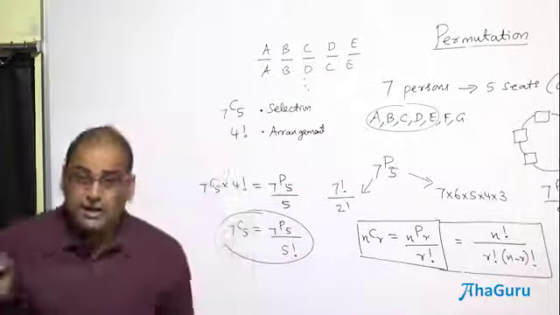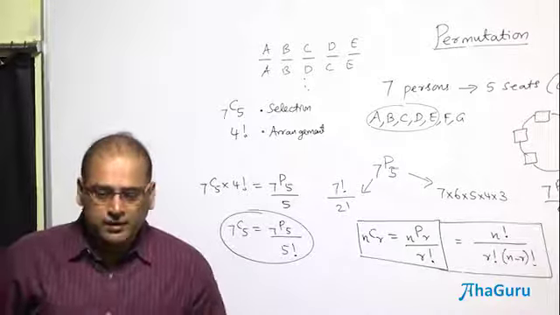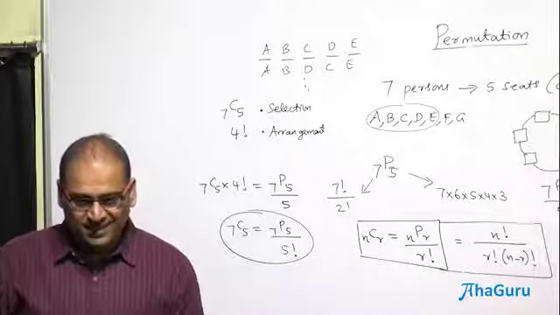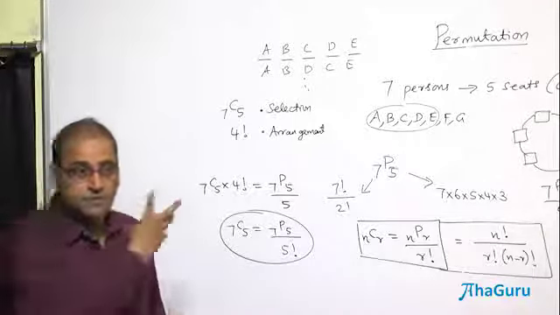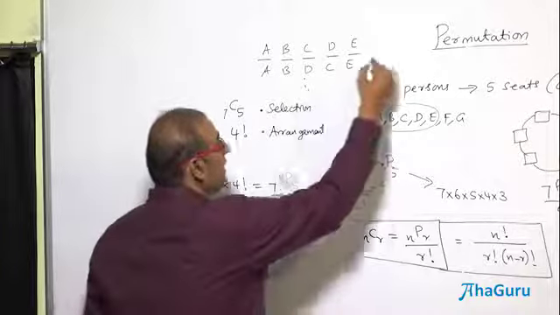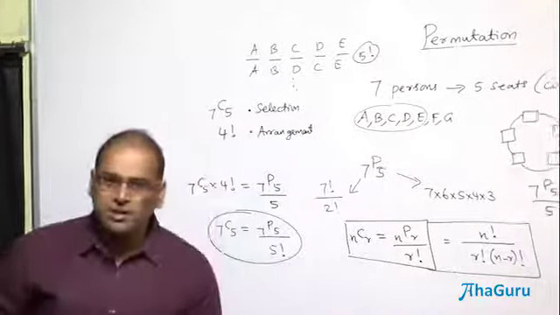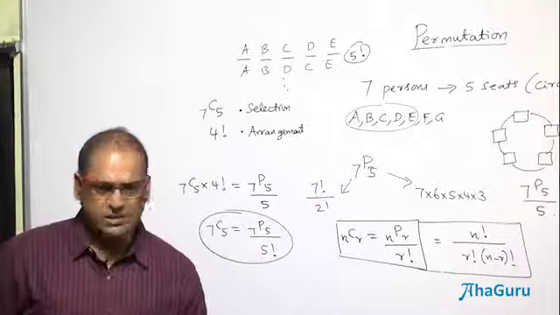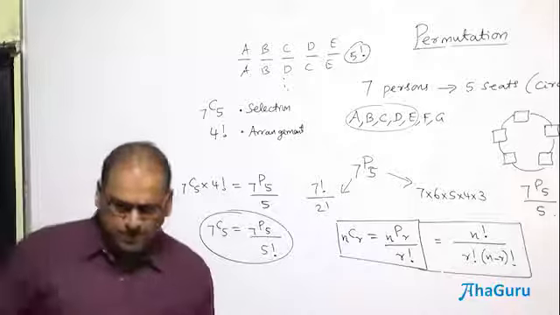With A, B, C, D, E alone, how many permutations do you have? Not 5 into 5 into 5. 5 persons, 5 seats. 5 factorial, right? So 5 factorial permutations of A, B, C, D, E, because we want only combinations. Are you able to understand? We don't want the order. This is a simple example.